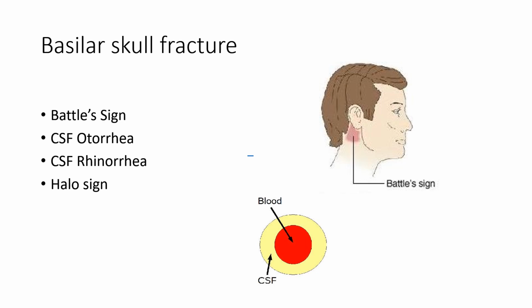You may see a halo sign, which is a small area of blood that is then surrounded by a yellow ring, either on their linen, on their clothing, on their gown, etc.